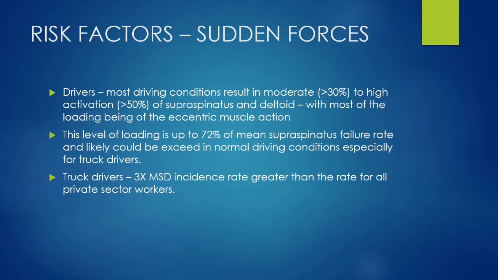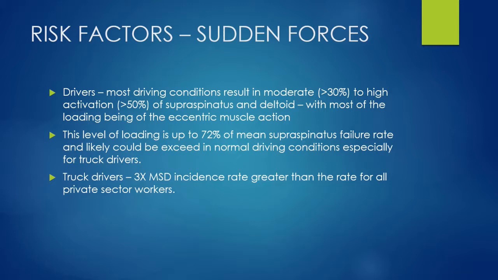In fact, they found that truck drivers have more than 3 times the musculoskeletal disorder incident rate, or their rate is 3 times greater than the rate for all private sector workers. And again, it's because of this position, the sustained elevated shoulder flexion and sustained elevated shoulder abduction, that creates tensile and compressive loading on the supraspinatus tendon and also compromises the subacromial space.